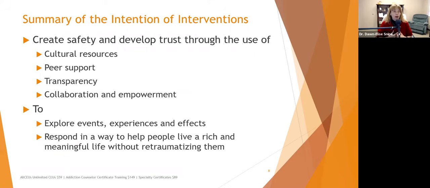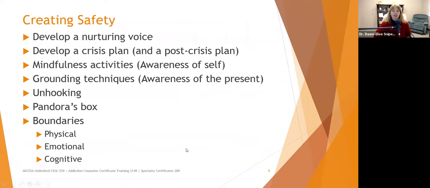Can we make these memories go away? No. Can we help them develop a different relationship with those feelings, reactions, and memories? Yes, where they feel like they have more control, where they feel like they can live a rich and meaningful life. Yes, we can.